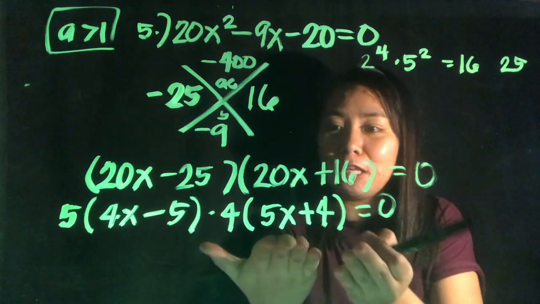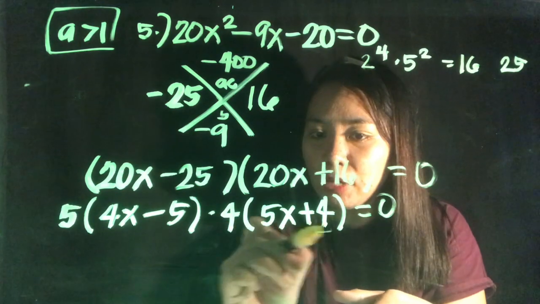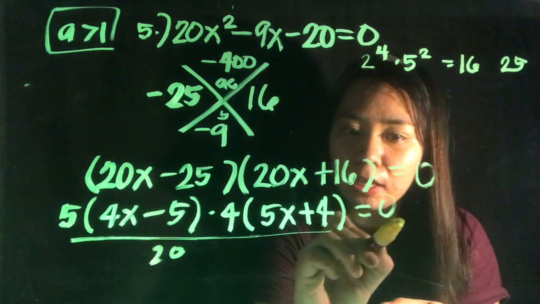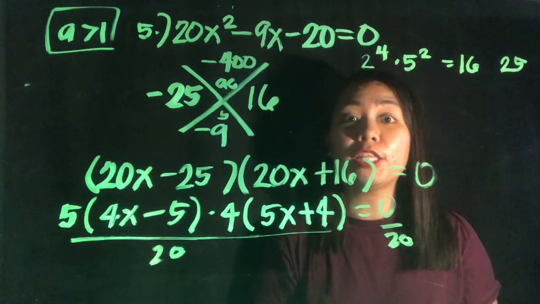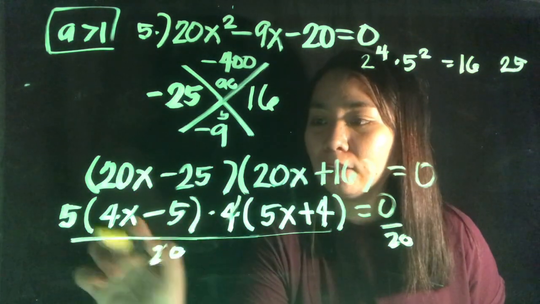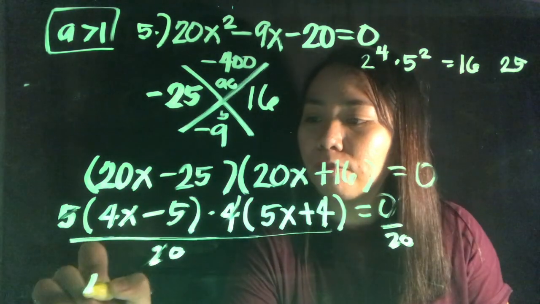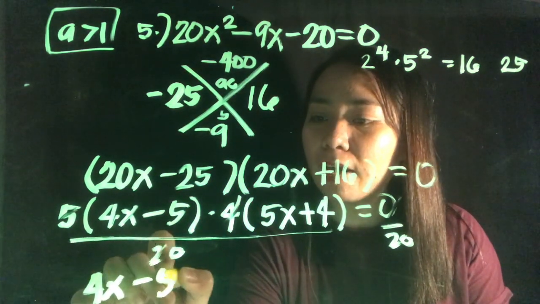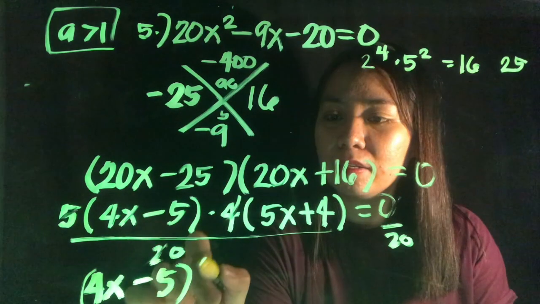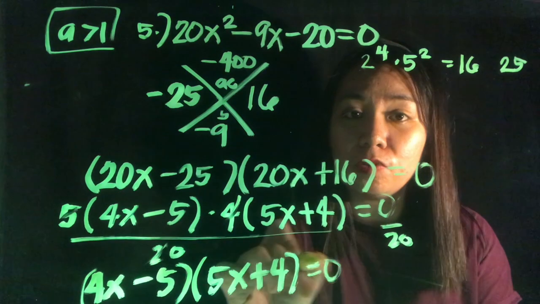So, meaning kapag dinivide po natin to ng 20, 5 times 4, dinivide po natin ng 20, at dinivide din po natin yung kabila ng 20, it will not affect our equation. So, it will just cancel out. So, still 0. So, you now have there 4x minus 5 times 5x plus 4, which is equal to 0.